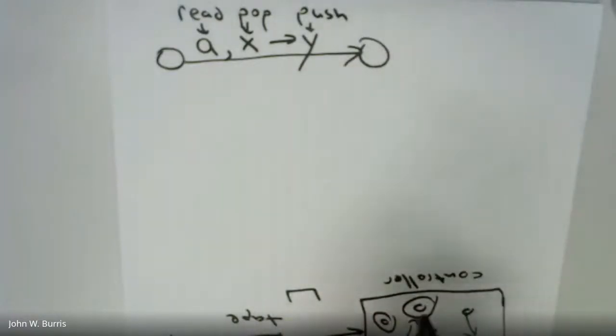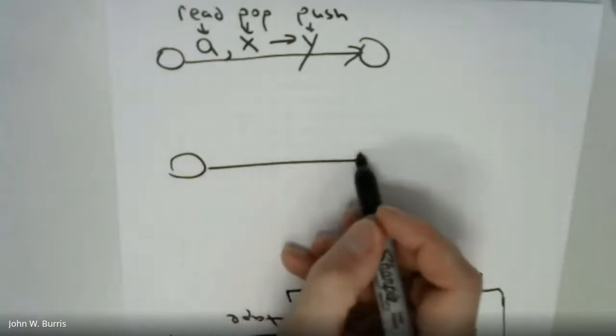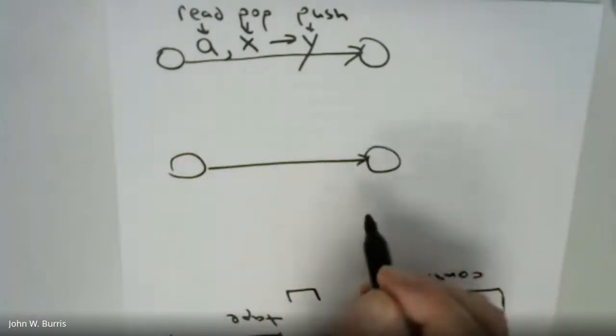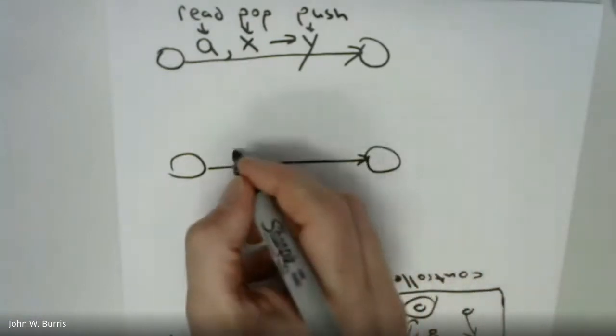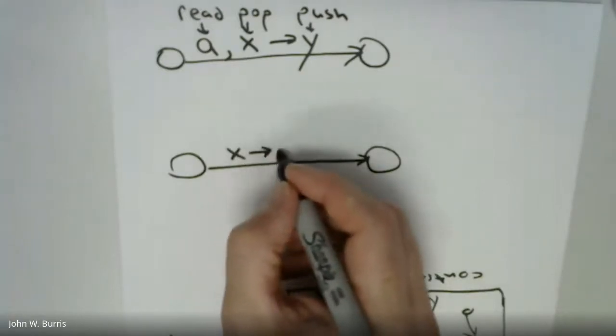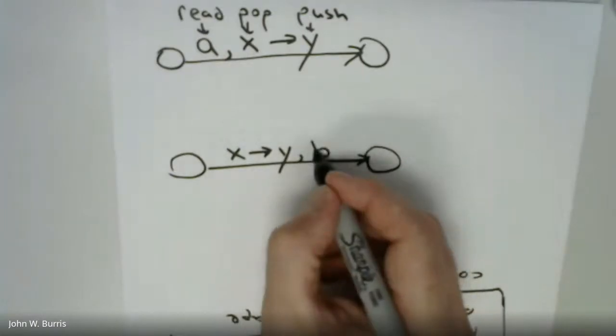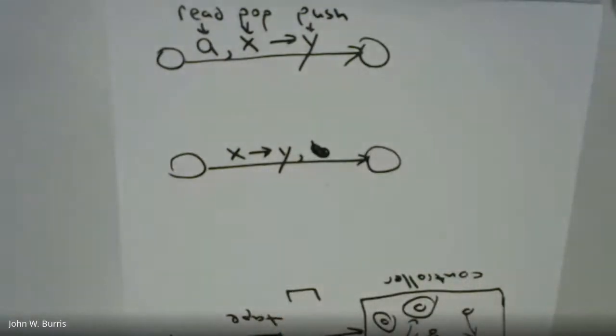A transition for a Turing machine looks like this. From one state to another, we have the character we read from the tape, the character we write to the tape, and the direction that we go.